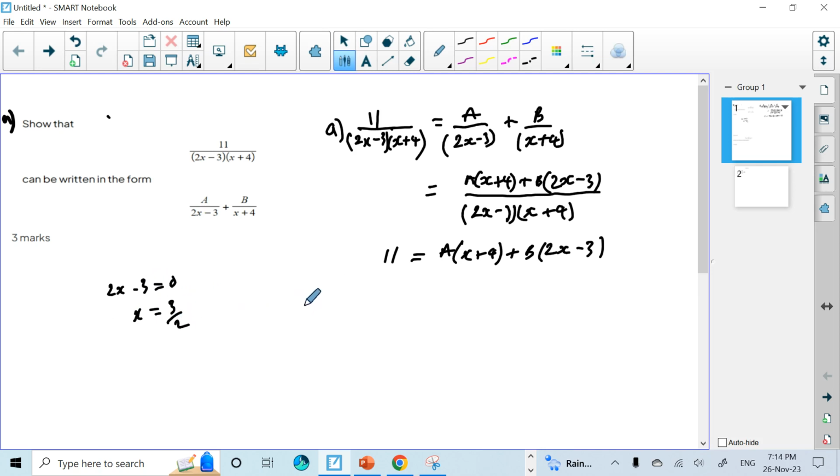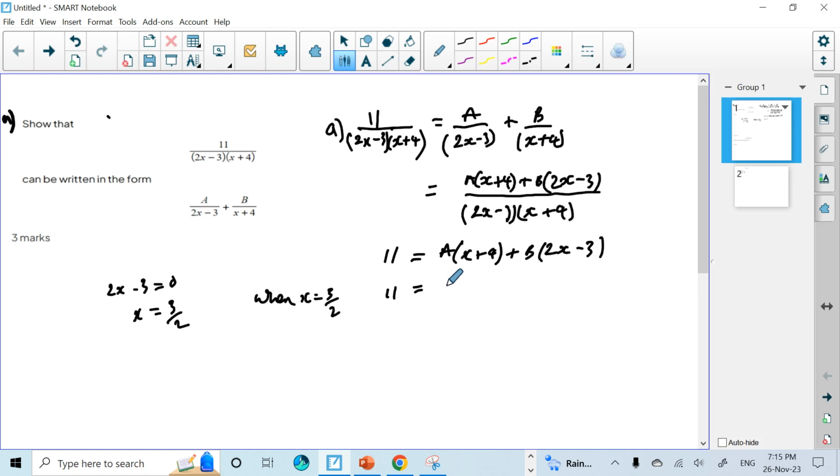When x equals 3 over 2, I've got 11 is equal to 3 over 2 a plus 4a.